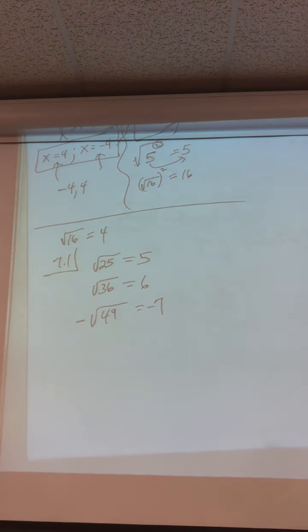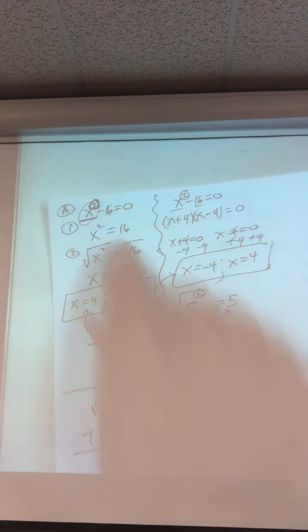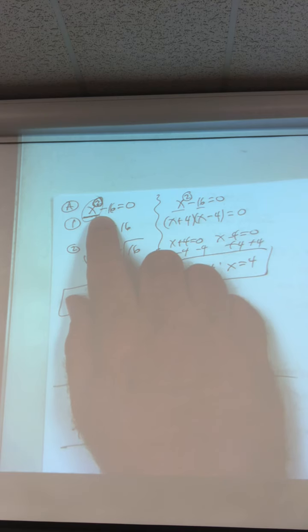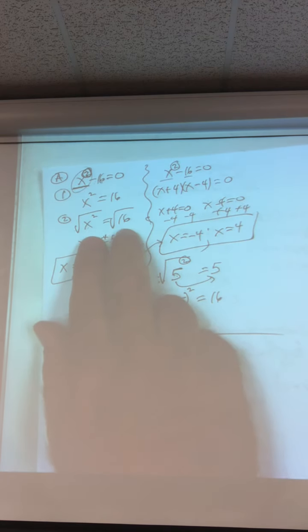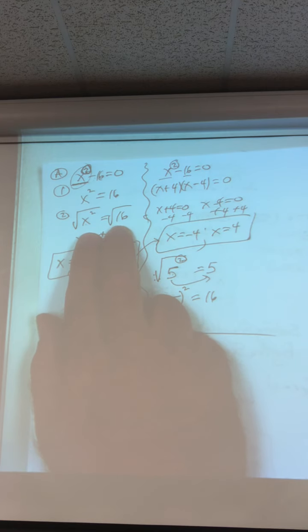Now, in the problem that we just worked, here was the original problem. Do you see a square root anywhere in this problem? No. So there is no principal square root in this problem. Now, there's a square root that pops up right here, but I put that square root in there.